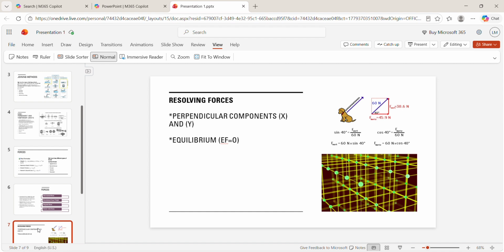The given force is 60 newtons, and the angle given is 40 degrees, whereby we're going to use the horizontal and vertical component formulas, which are: the horizontal component is F cos theta and the vertical component is F sin theta.